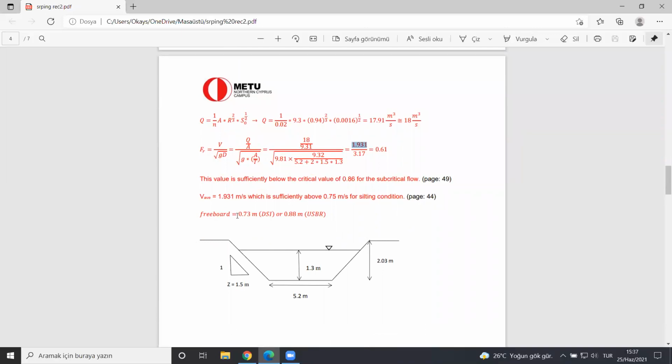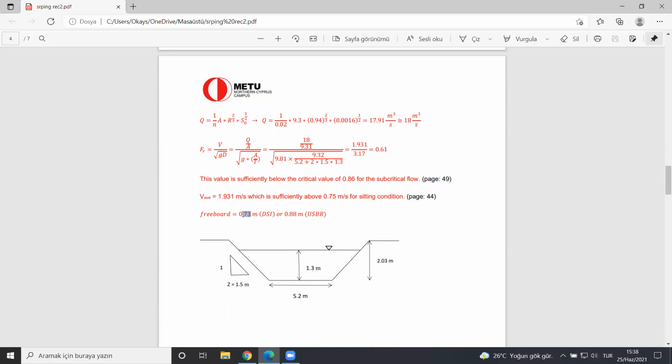And lastly, don't forget the freeboard distance, which is from the top of the water flow to the top of this channel. This distance is the freeboard, from here to here. In DSI standards, it is 0.73 meters. In USBR standards, it is 0.88 meters.